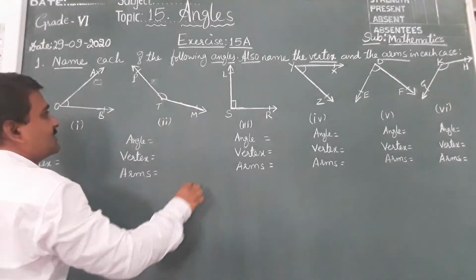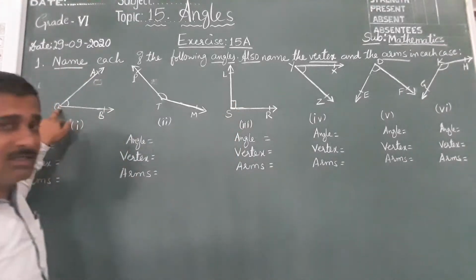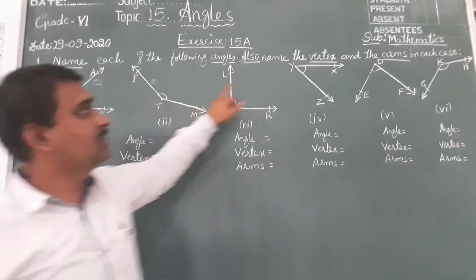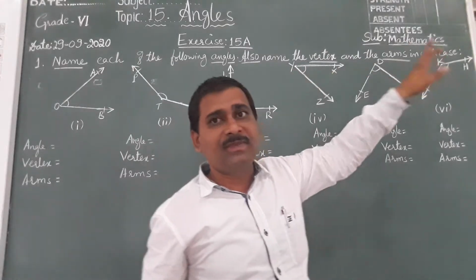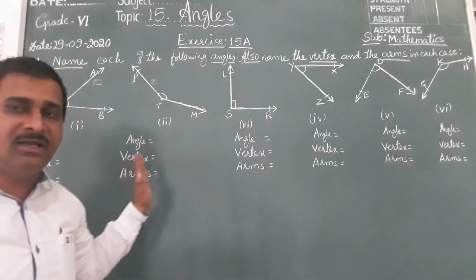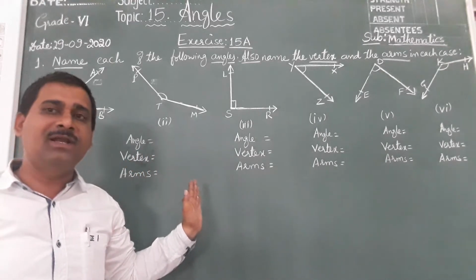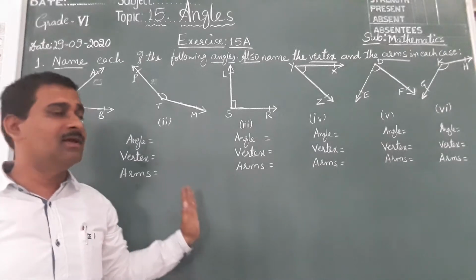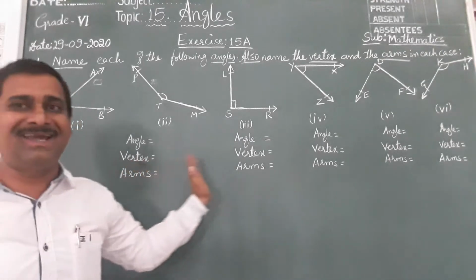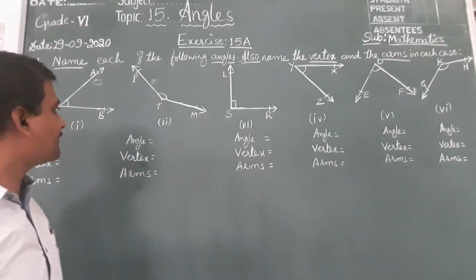Where will the angle form? In the initial point, the angle is formed. In all 3 angles, you will find an angle. You can write the name of the angle, you can write the vertex, and you can write arms. That we will do in all 6 angles quickly now, because already you know the concept.